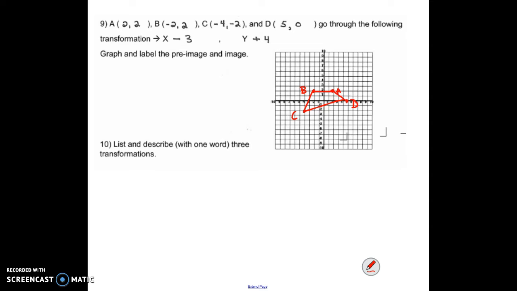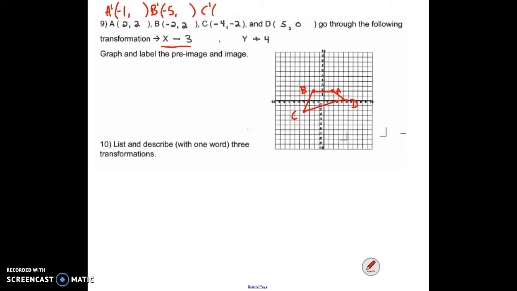Now, when I go through this transformation, what I'm going to do is subtract 3 from all the x values. So let's just do that. So A prime, if I subtract 3 from x, 2 minus 3 is negative 1. B prime, subtract 3 from negative 2, and I get negative 5.